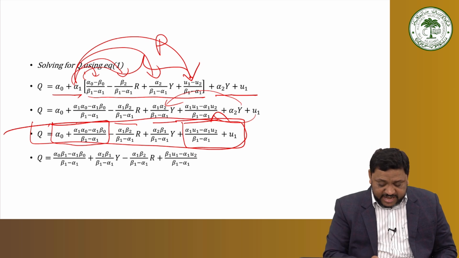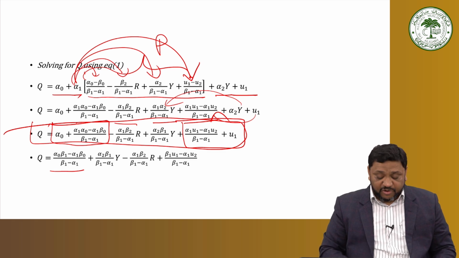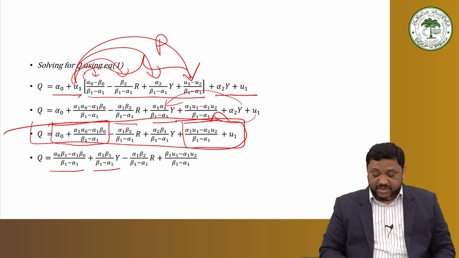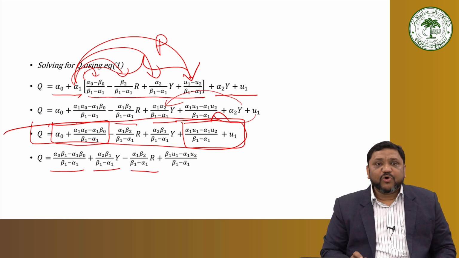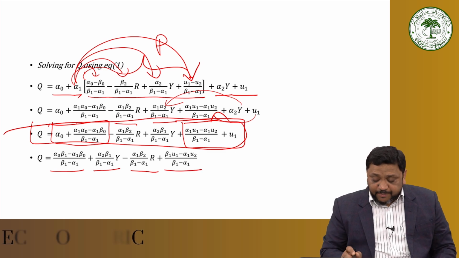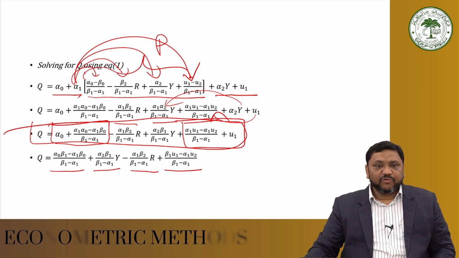So this can be written as Q is equal to alpha naught beta 1 minus alpha 1 beta naught divided by beta 1 minus alpha 1, plus alpha 2 beta 1 divided by beta 1 minus alpha 1 times Y, minus alpha 1 beta 2 divided by beta 1 minus alpha 1 times R, plus beta 1 U1 minus alpha 1 U2 divided by beta 1 minus alpha 1.